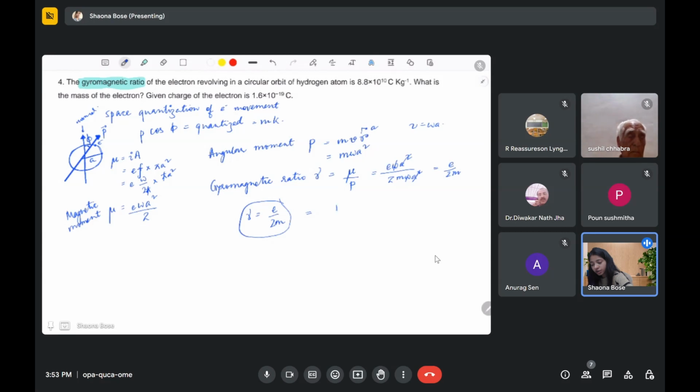Now you put in the values. The charge is already given, 1.6 into 10 raised to the power minus 19, and the mass of the electron, it's 9.1 into 10 raised to the power minus 31 kgs.